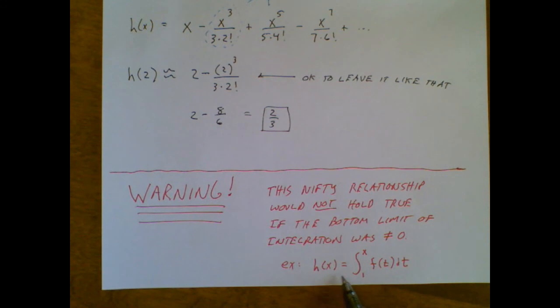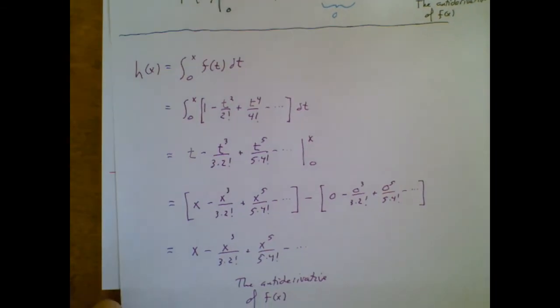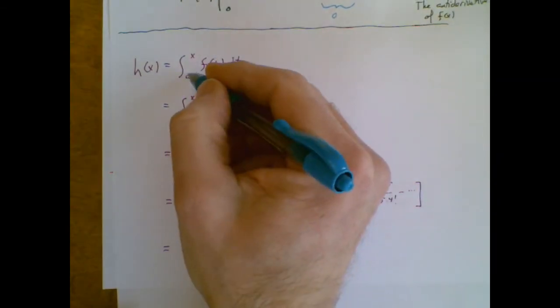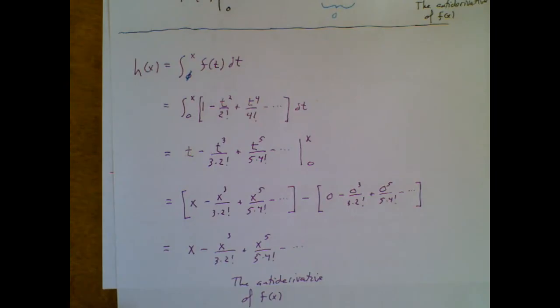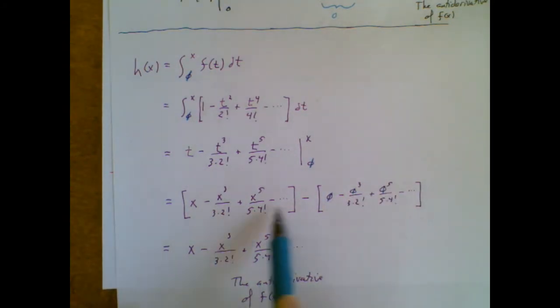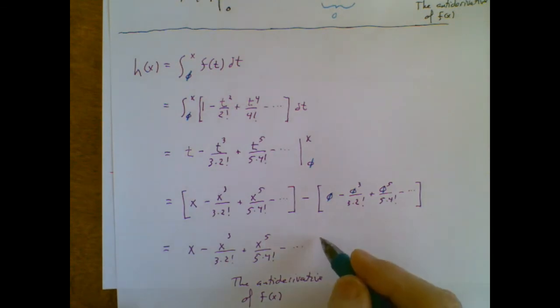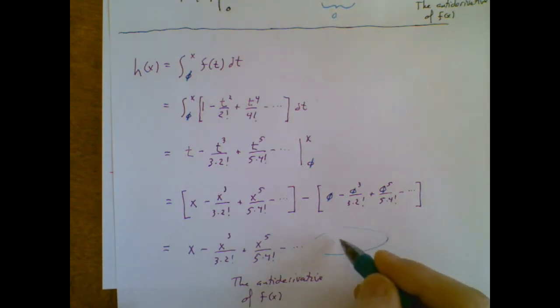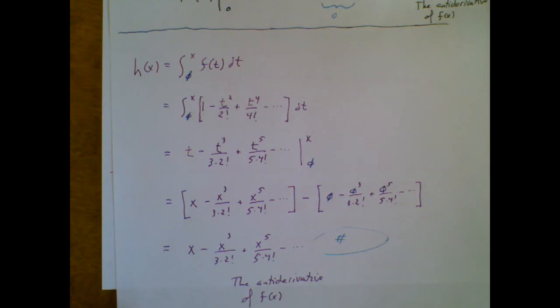For example, if this situation said h of x equals this, now I would have a different situation, and what I would end up having to do is go back to this, and where I see a 0, I would put a 1. That means I would put a 1 there, which means I would put a 1 there, which means I would have a 1 here, here, here, and when I did this, this whole piece right here would equal a number.